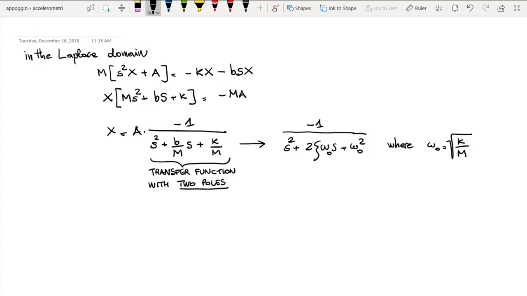This is what comes from equating these two polynomials term by term.